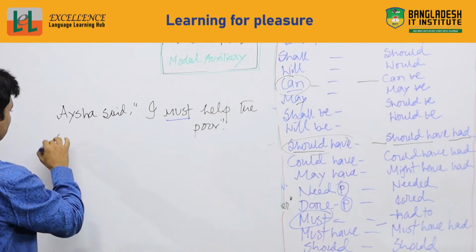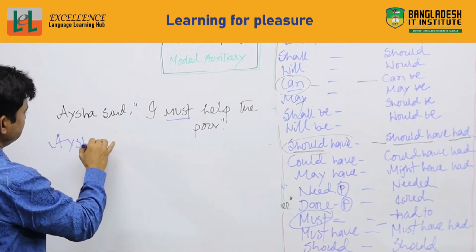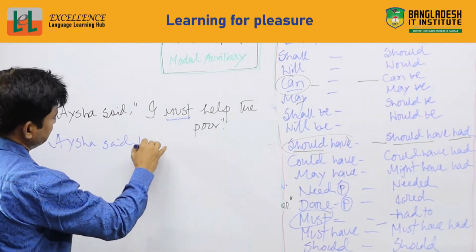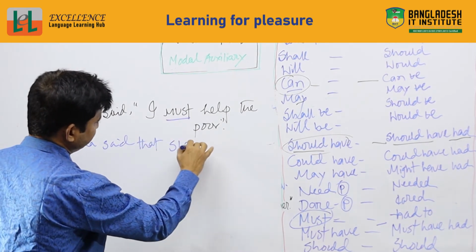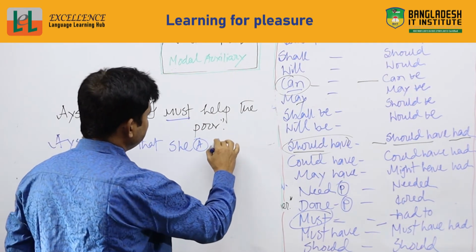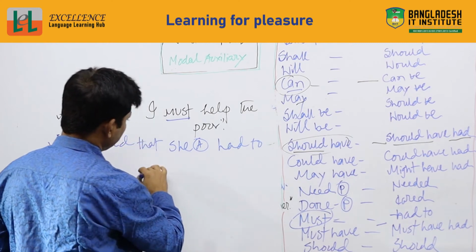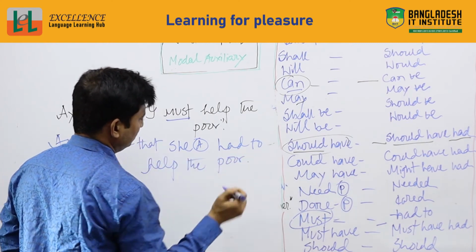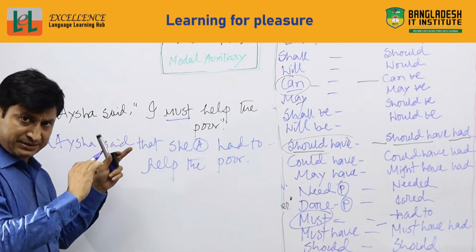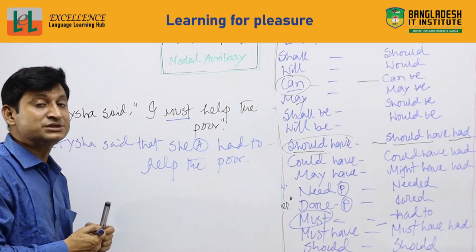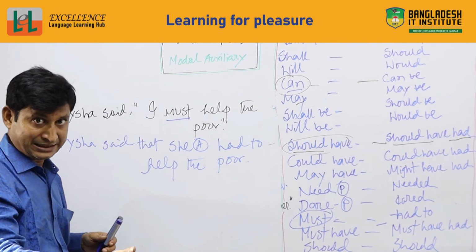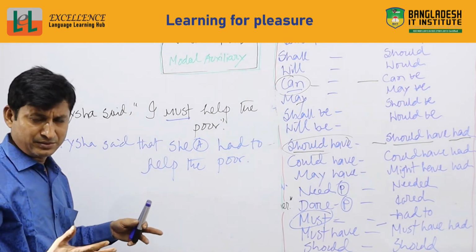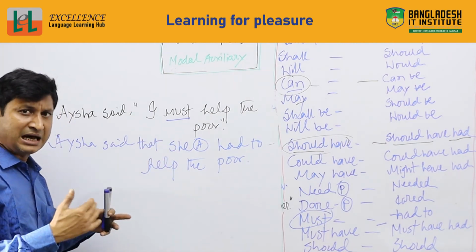We'll write here, Aisha said that she (meaning Aisha) had to help the poor. Whenever we change must into had to, this is optional, or this is her own choice.